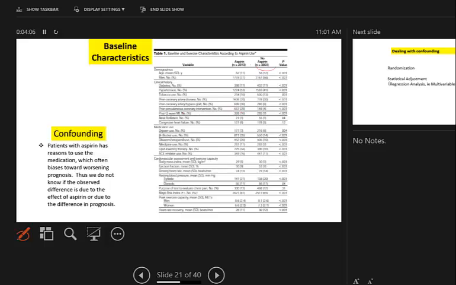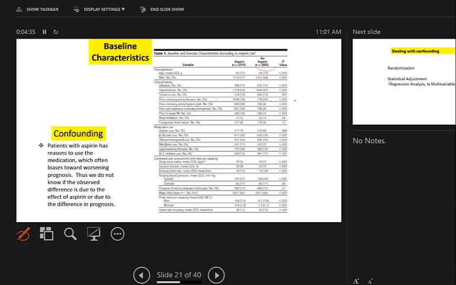And then how about coronary disease? This one. Prior coronary artery disease: 70% of them have it if they use aspirin, and then only 20% if they don't use aspirin. 70% versus 20%, the history of heart disease. That's a huge difference. Okay? So you can see other things, and almost everything is different, right?